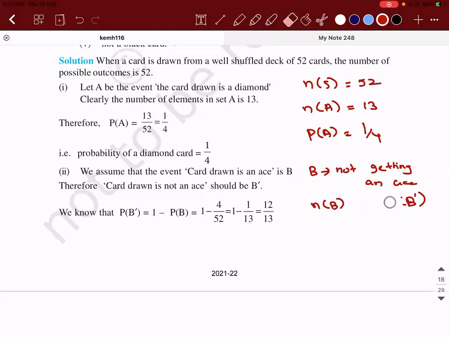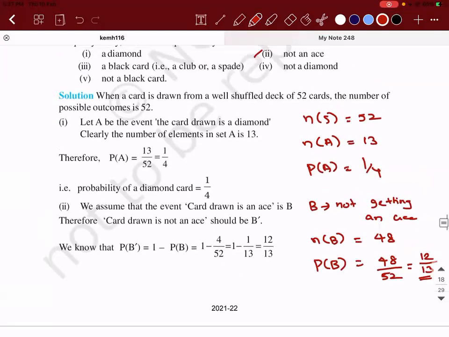Or I can directly, how many aces are there? 4. So number of elements in B will be 48. So what is the probability of B? It will be 48 divided by 52. So divisible by 4, 12 by 13. So 12 by 13 is what you're going to get.